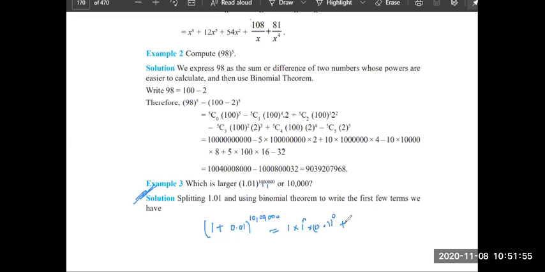What is the second term? The second term is nc1, which is n into 1 into 0.01. What is n? n is 10 lakh. So 10 lakh into 0.01. Now the second term itself is equal to 10,000. Yes or no? Think about it, guys. The second term itself is equal to 10,000.